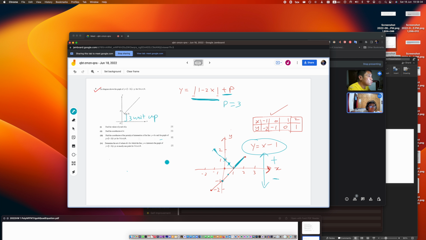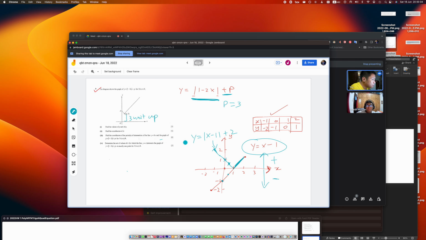Let's focus on this one first. Just now the blue one is y equals modulus of x minus 1, the one with the modulus sign. If I add a plus 2 behind, the blue one will be raised by 2. All the points will be raised by 2.